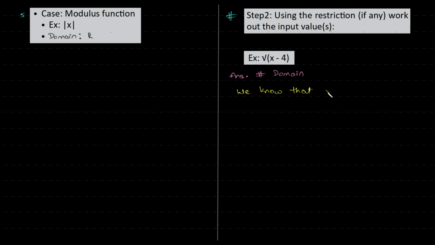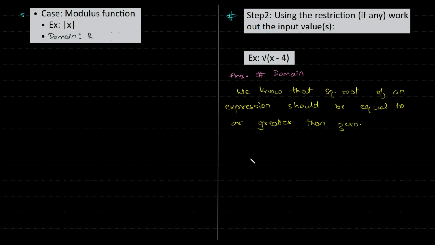We know that the square root of an expression should be equal to or greater than 0. That is, x minus 4 under the square root should be greater than or equal to 0.